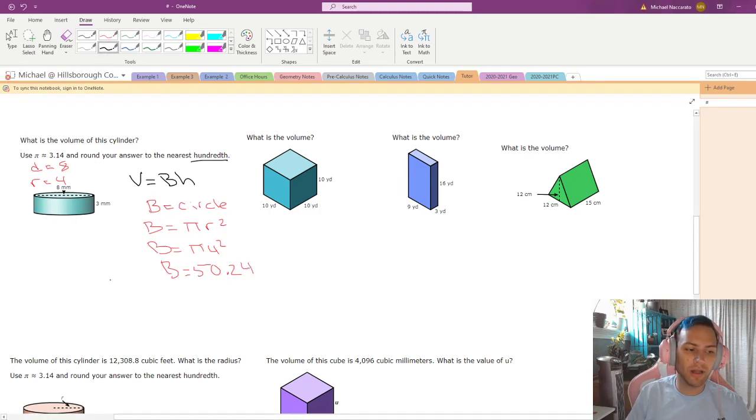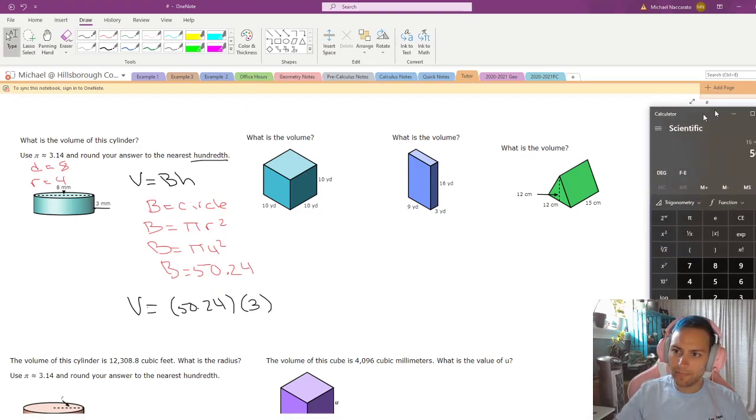That's just step 1. In order to solve this, we're now going to take big B, which we know is 50.24, and multiply it by the height, which is the distance between the two circles. In this problem, you can see the distance between the top circle and the bottom circle is 3 millimeters. So I'm going to multiply this by 3. Bring my calculator right back on over here.